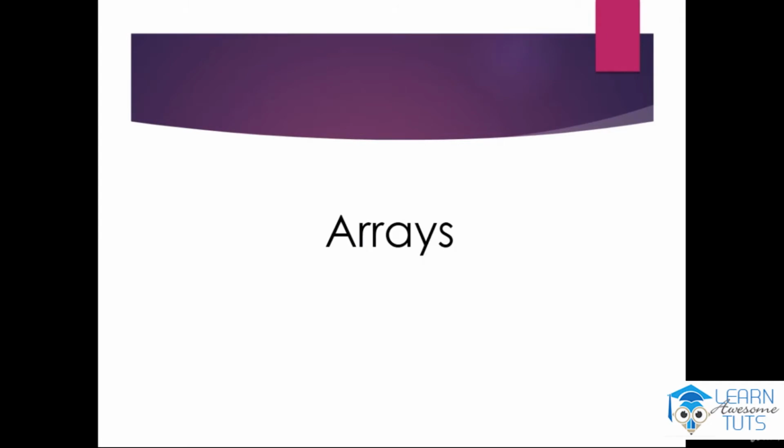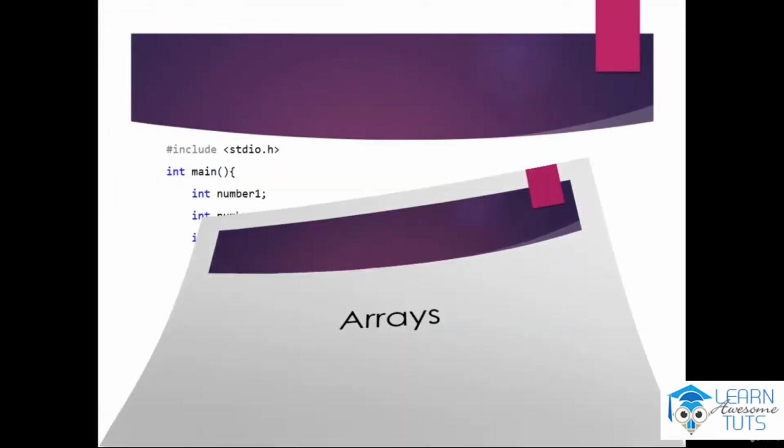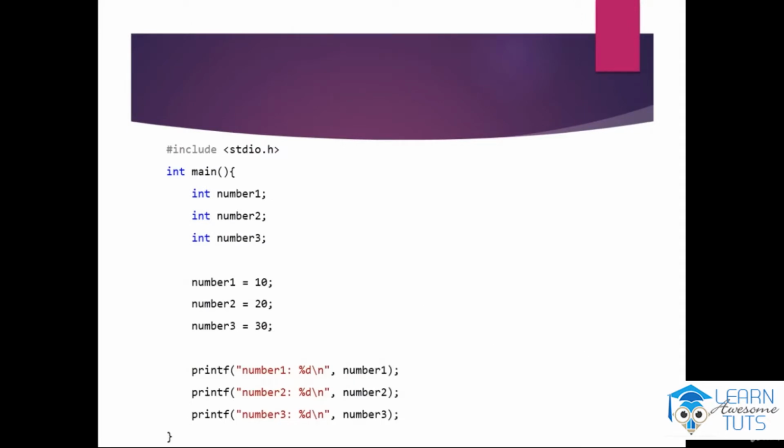Consider a situation where we need to store three integer numbers. If we use programming's simple variable and data type concepts, then we will need three variables of integer data type, and the program will be something like this. As you can see, we will have three integer variables.